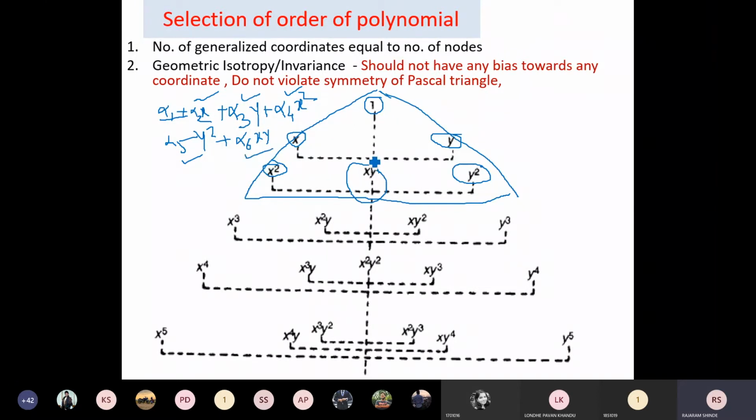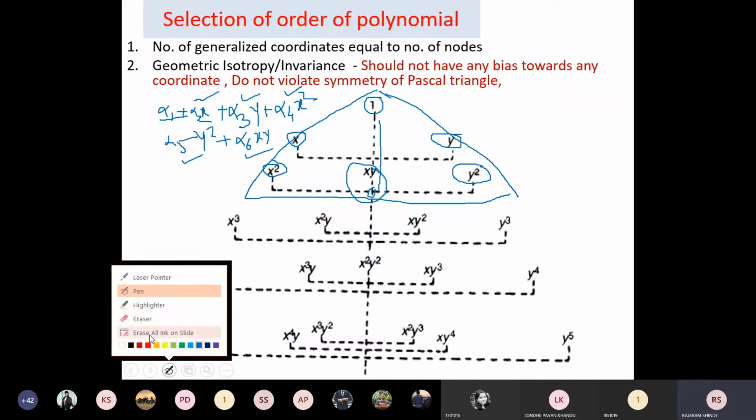Now you can see here if we consider this as the axis of the Pascal's triangle, this dotted line, then x is on the left side, y is on the right side, this is maintaining the symmetry. Now x square is on left side, y square is on right side, this also maintaining the symmetry, and xy is at the center, and it is maintaining the symmetry of the Pascal's triangle. Have you got it?